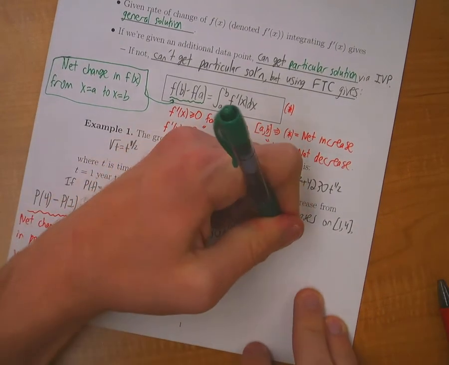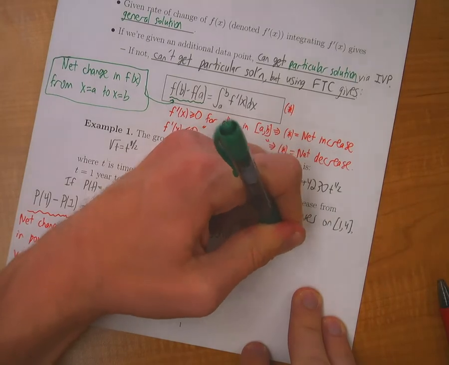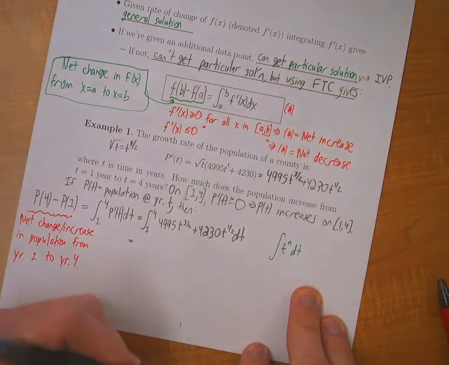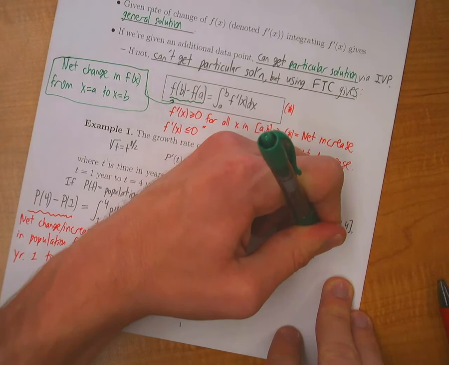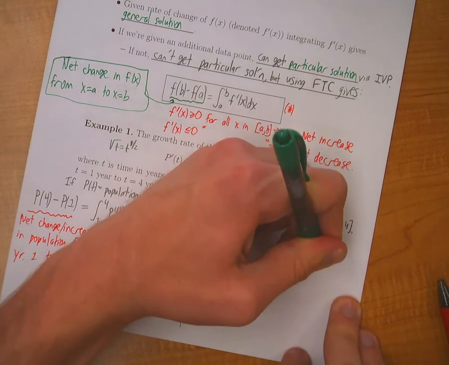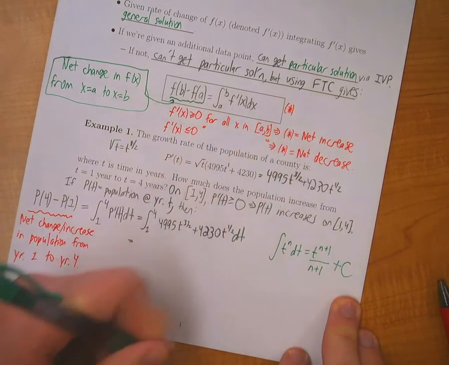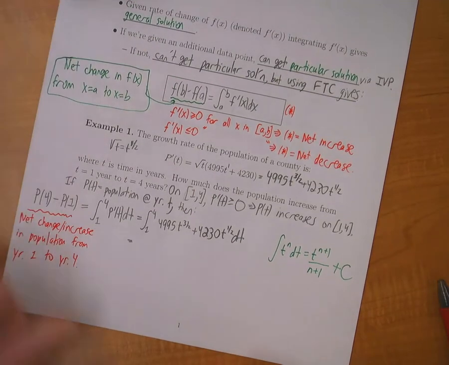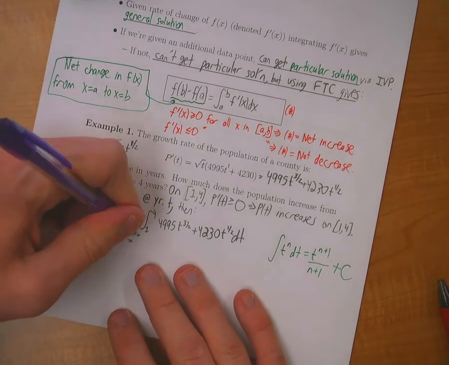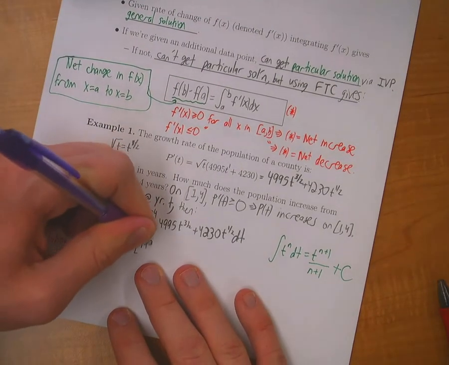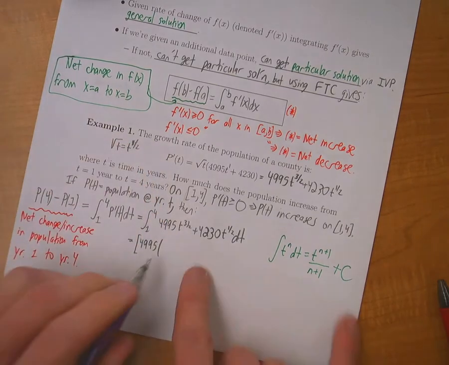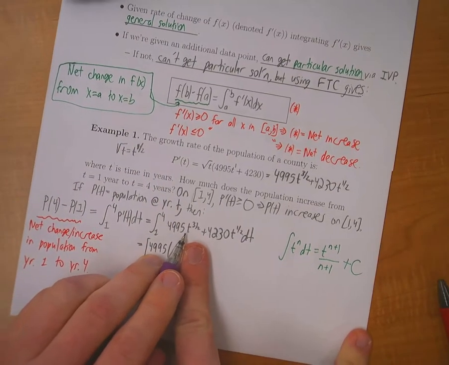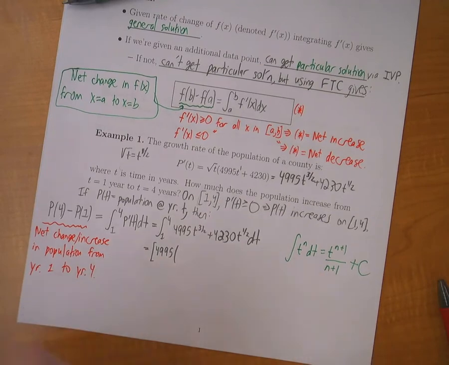If we use the fact that the integral of t to the n dt is t to the n plus 1 over n plus 1 plus c, then what do we get? We get 4,995 times the integral of t to the 3/2, which by this rule ends up equaling what?